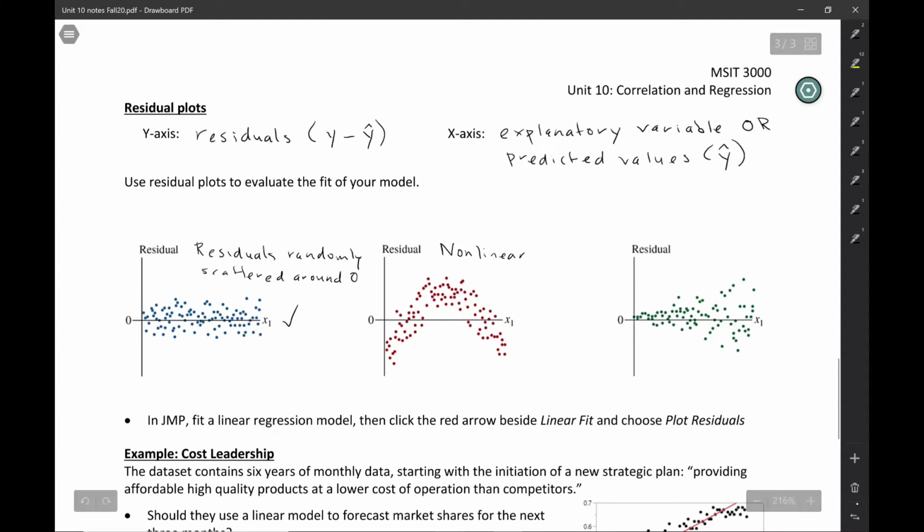So here there's negative residuals on the extreme ends of the axis and positive residuals in the middle. That would mean that you are overestimating for the points at the ends of the x-axis and underestimating in the middle. We expect there to be some random over and underestimation, but we don't want it to be systematically overestimating or systematically underestimating like it is in this nonlinear situation.